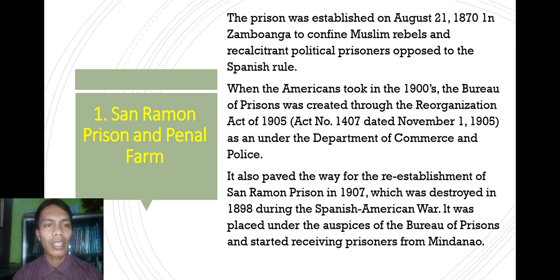It was placed under the auspices of the Bureau of Prisons and started receiving prisoners from Mindanao. So San Ramon Prison and Penal Farm is located in Zamboanga, in Mindanao.